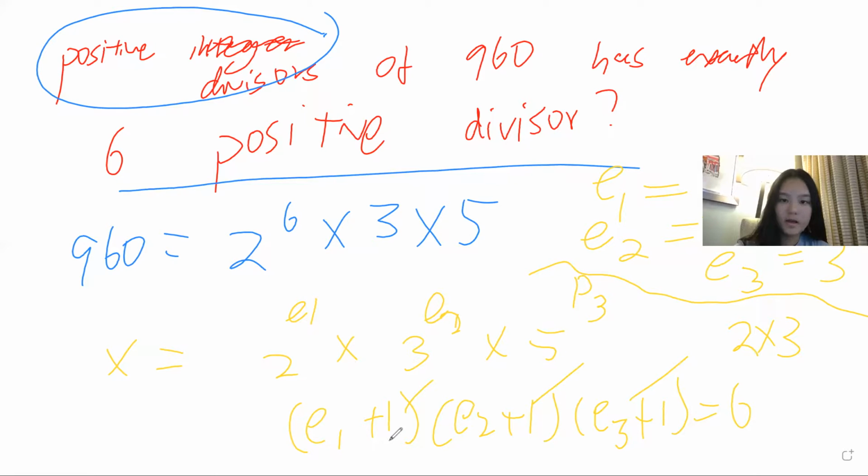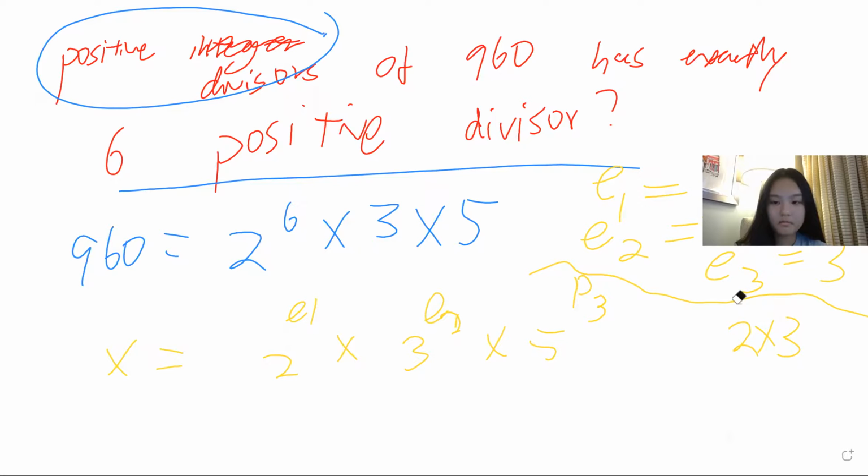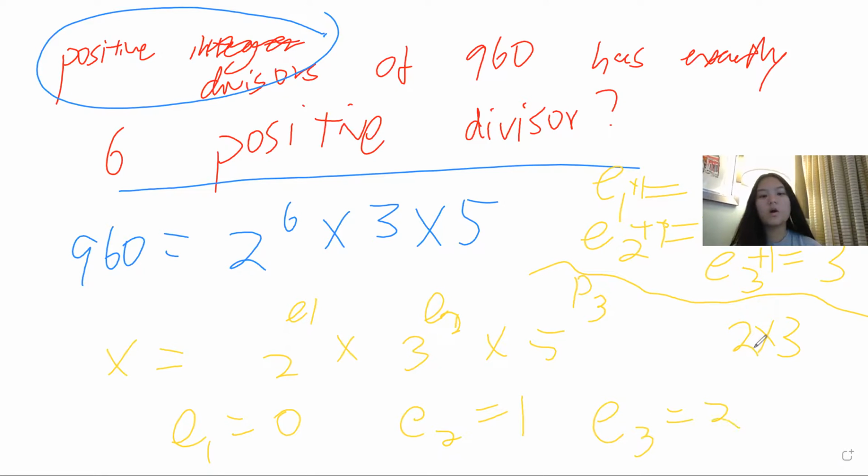Now we figure out one thing, which is that you have to subtract 1 here. So now we know that E1 equals 0, E2 equals 1, E3 equals 2. Now we know that E3 is the exponent of 2 because there's no other way.